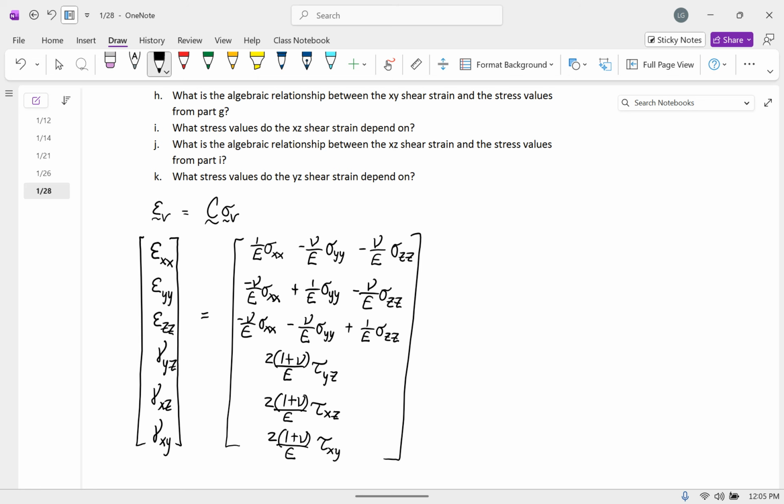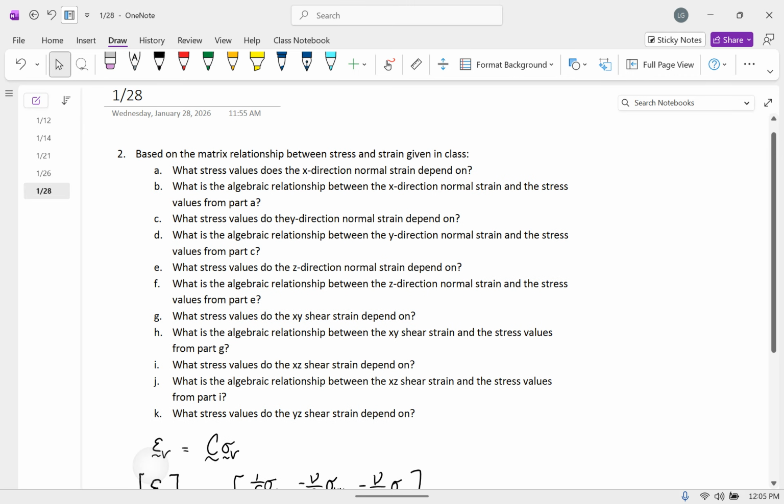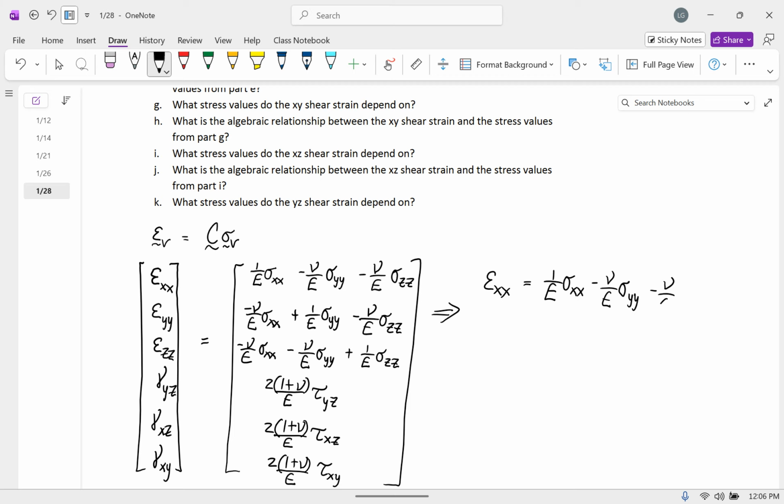And then the ones that ask for the equations, this says, okay, what's the algebraic relationship for EXX? It's 1 over E sigma XX minus nu over E sigma YY minus nu over E sigma ZZ.